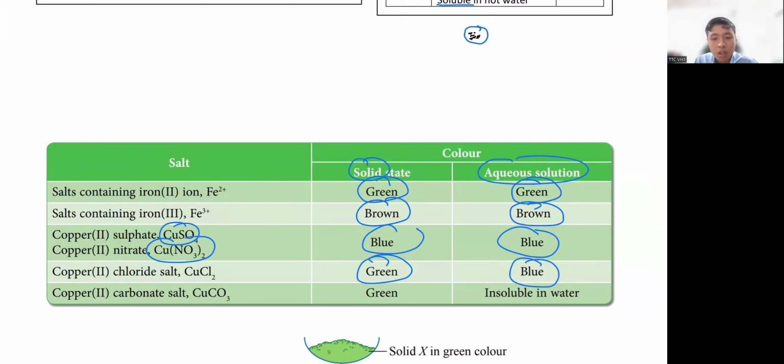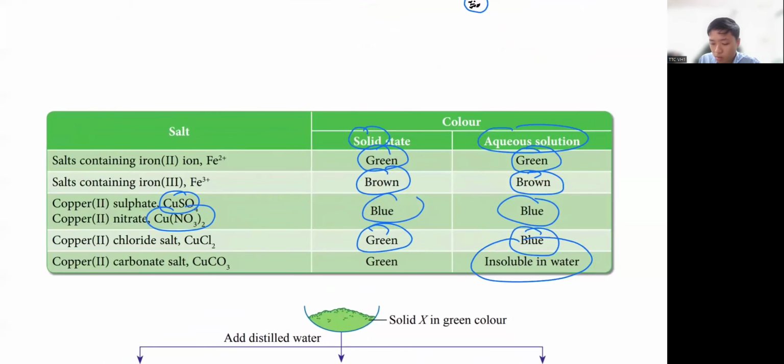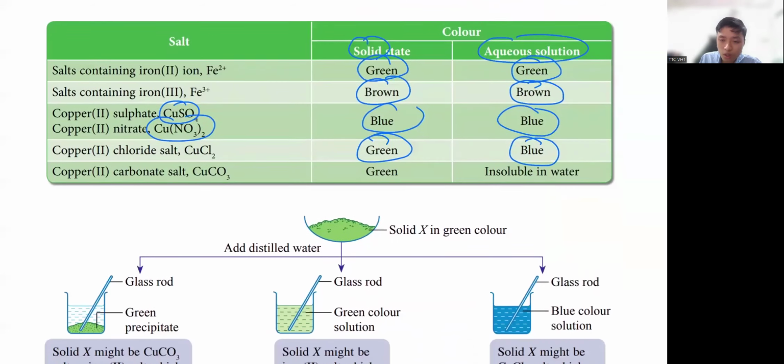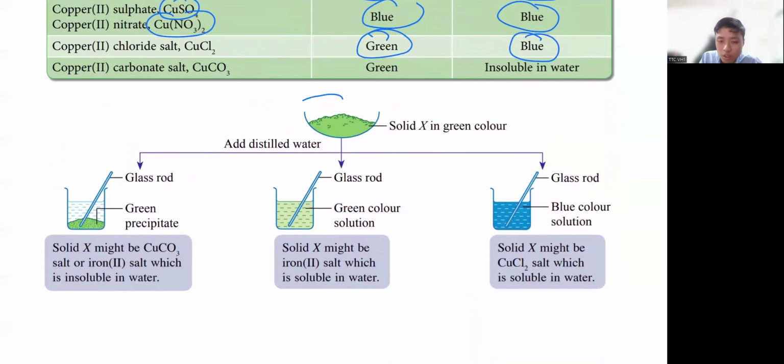Copper 2 carbonate is insoluble, so you cannot dissolve in water, so always green color. Here are a few examples. If I give you a green color solid, which salt is possible? By doing a few tests, for example, when you cannot dissolve in water and you see green color, automatically qualify as copper 2 carbonate.